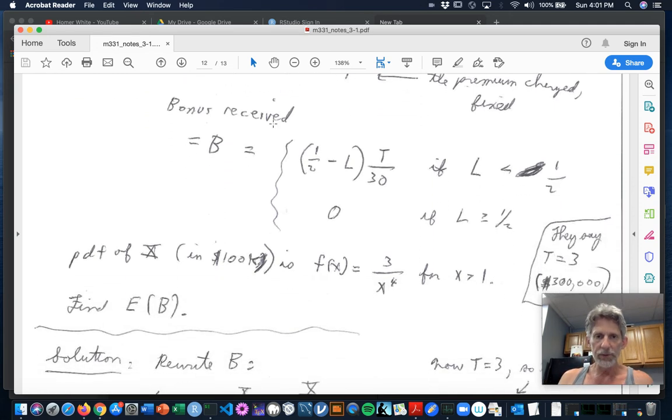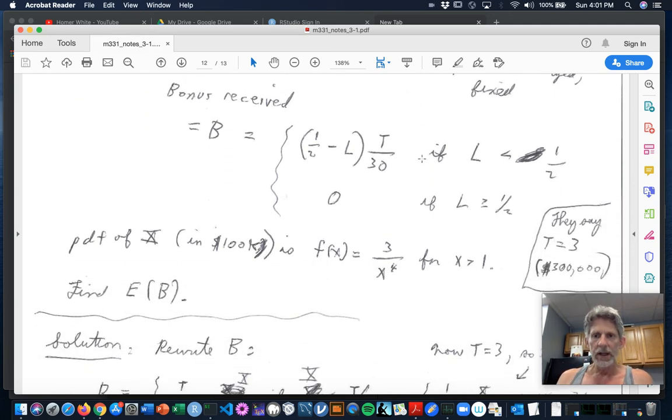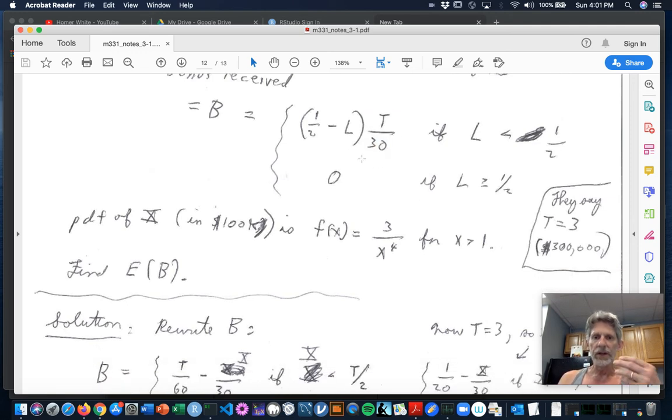And here's the formula, okay? If the loss ratio is less than a half, then the size of the bonus shall be 1/2 minus the loss ratio times 1/30th of the premium. But if it goes any bigger than that, you get nothing.